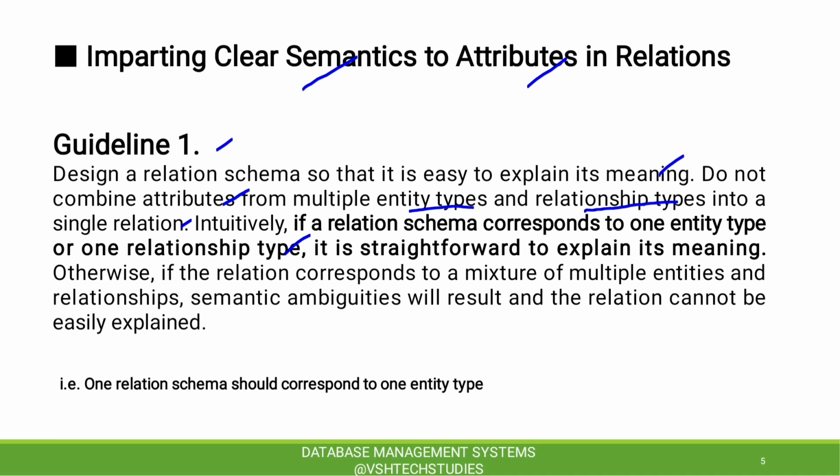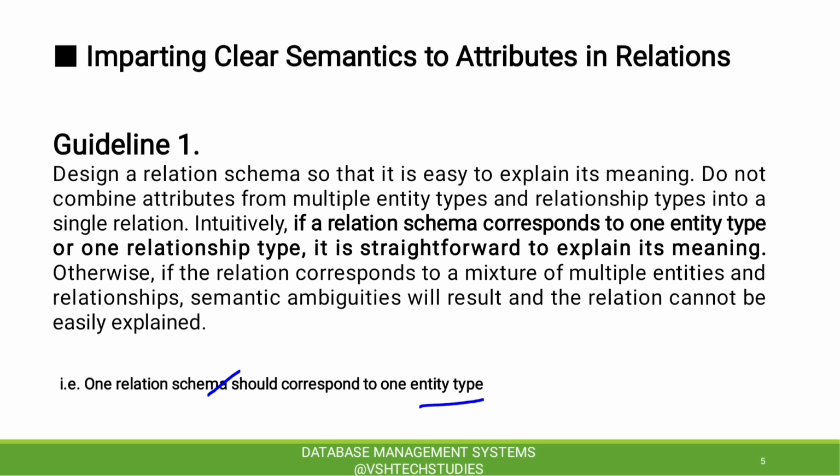Otherwise, if the relation corresponds to a mixture of multiple entities and relationships, semantic ambiguities will result and the relation cannot be easily explained. In simple words, guideline 1 states that one relation schema should correspond to one entity type.